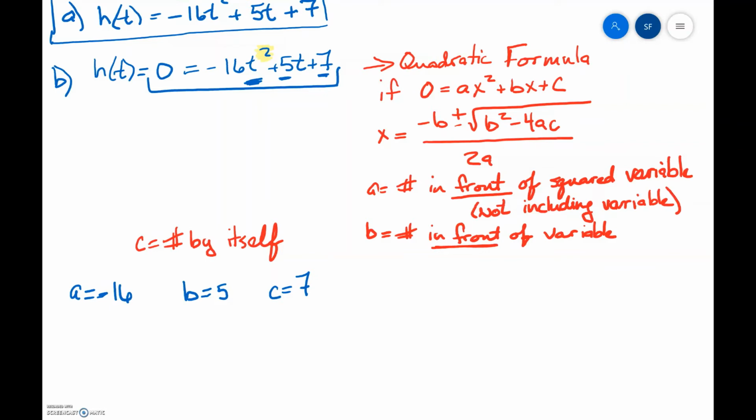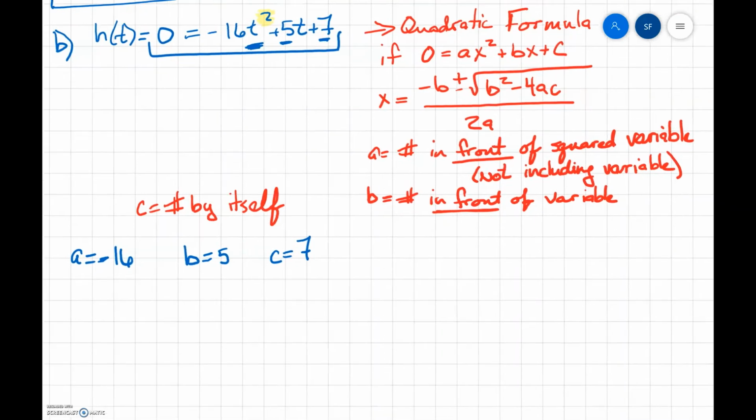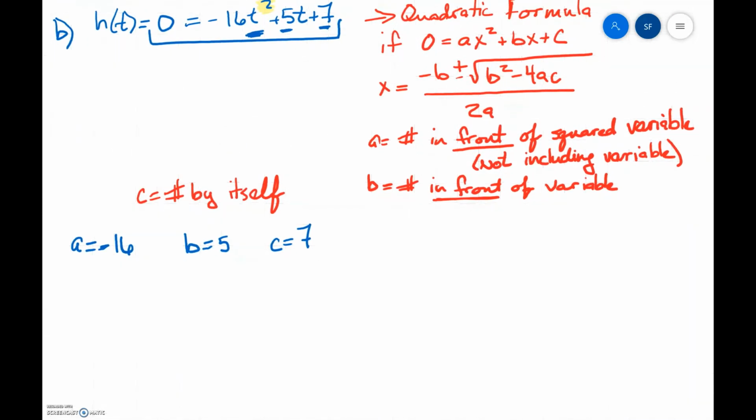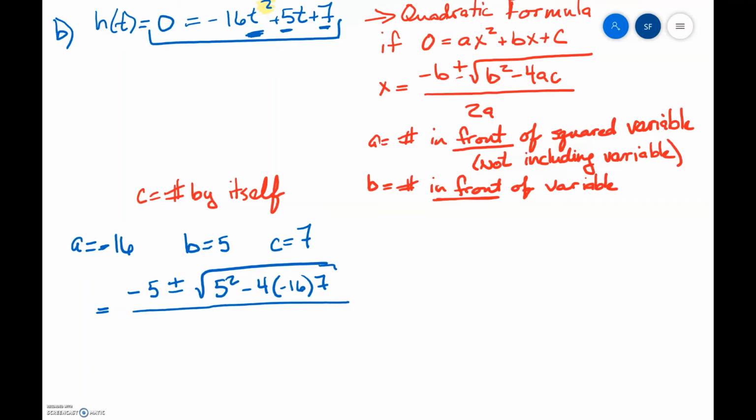Next, let's plug that into our quadratic formula. We've got negative 5 plus or minus the square root of 5 squared minus 4 times negative 16 times 7, all over 2 times negative 16. Next comes the fun part: how can we simplify this down?